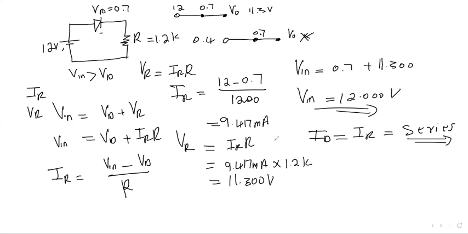So now, what will happen if this was connected in reverse bias? Let's see what will happen if our connection was in reverse bias. If it was in reverse bias and in the practical model, we still replace the diode with a V source, which is 0.7.